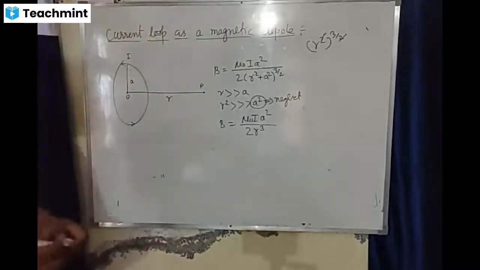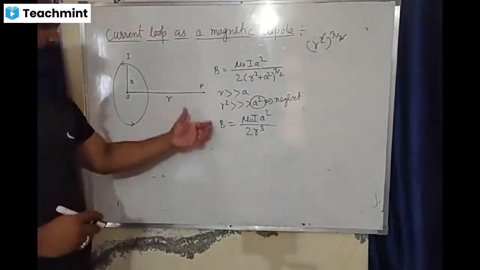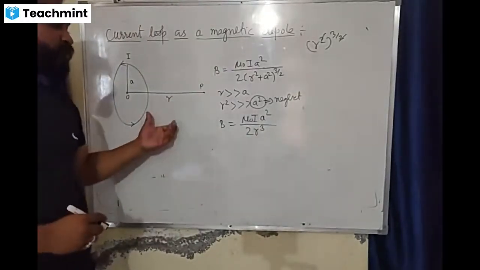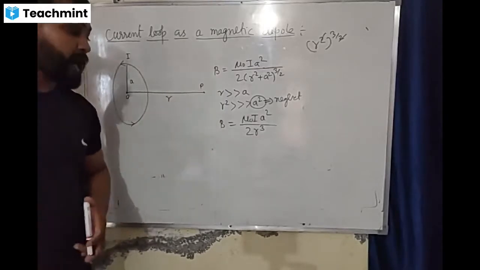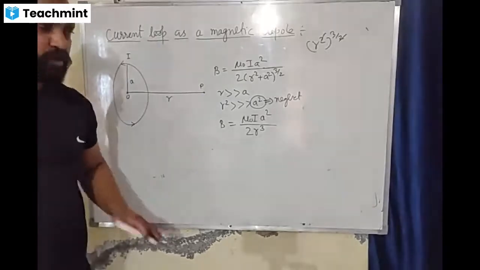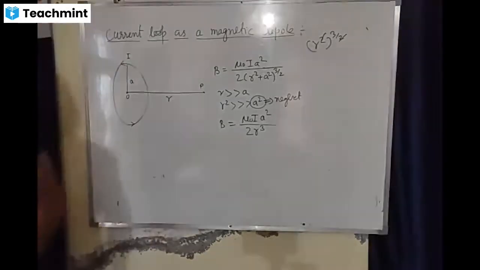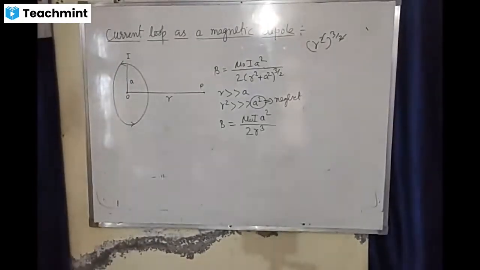So when r is much greater than A, the magnetic field due to a current carrying loop at the axial point P is mu naught I A square upon 2 r cube.